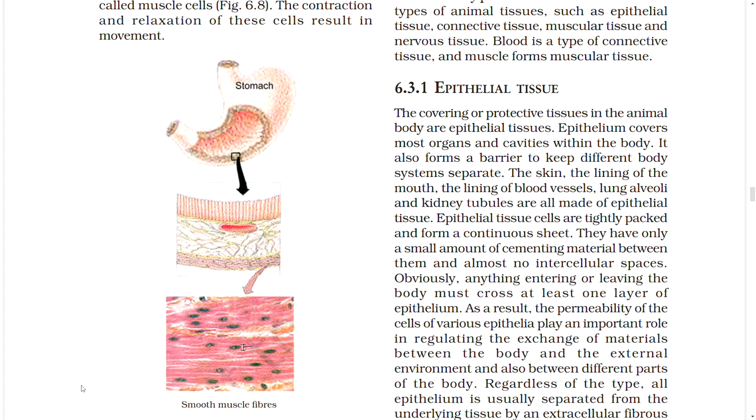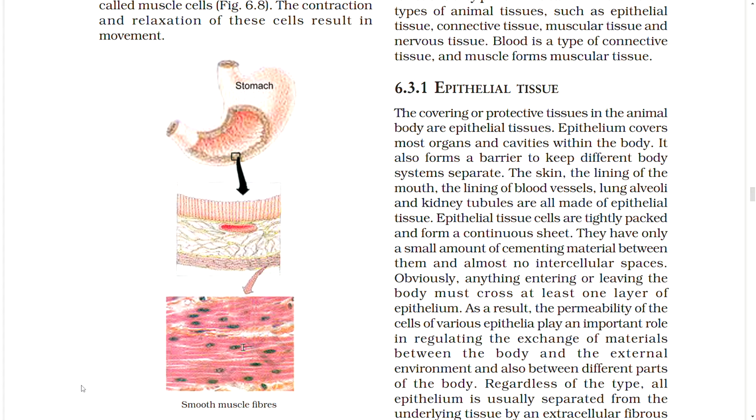The skin, the lining of the mouth, the lining of blood vessels, lung alveoli, and kidney tubules are all made of epithelial tissues. Epithelial tissue cells are tightly packed and form a continuous sheet. They have only a small amount of cementing material between them and almost no intercellular spaces.